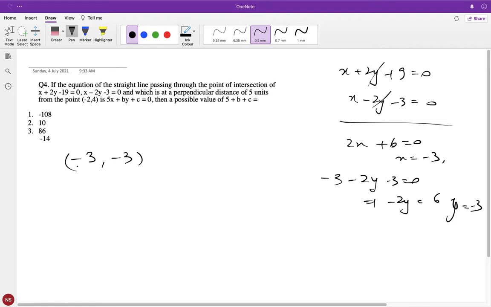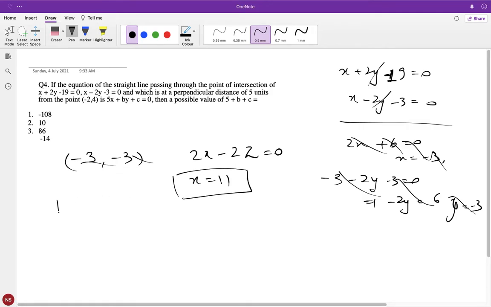Am I correct? No, this is minus 19 instead of plus 9. Oh my god, my bad handwriting. Minus 19 minus 3, so please excuse me. This becomes 2x minus 22 is equals to 0, or x equals to 11.